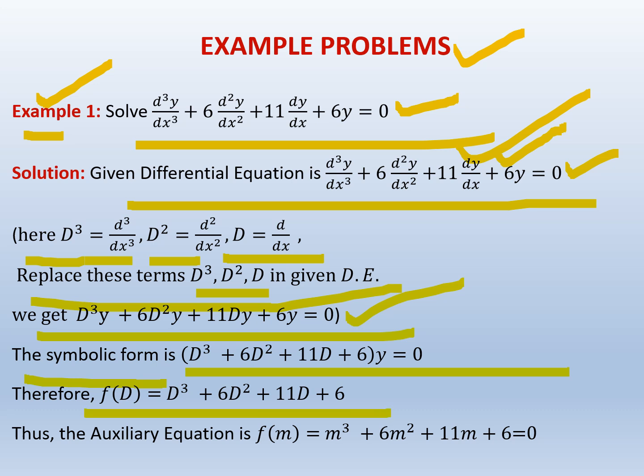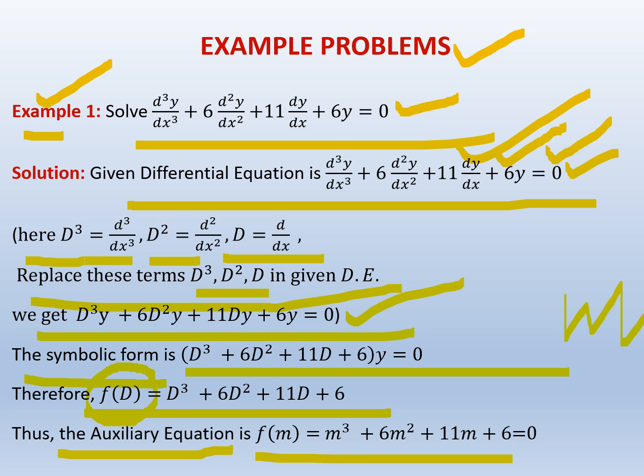Therefore, we get f of D equals D cube plus 6 times D square plus 11 times D plus 6. Here, in f of D, replace D with m. Thus, we get the auxiliary equation of the given differential equation like this: f of m equals m cube plus 6 times m square plus 11 times m plus 6 equals 0.